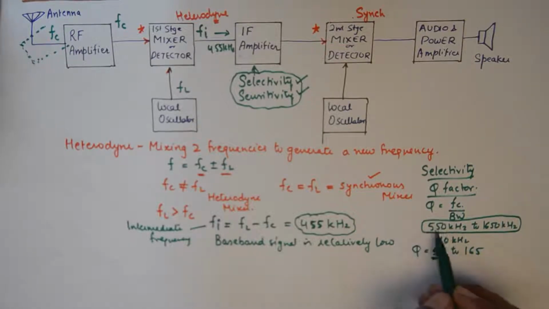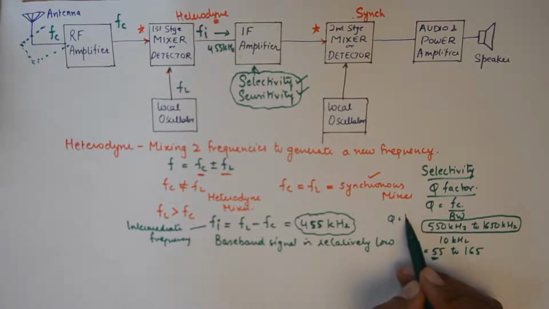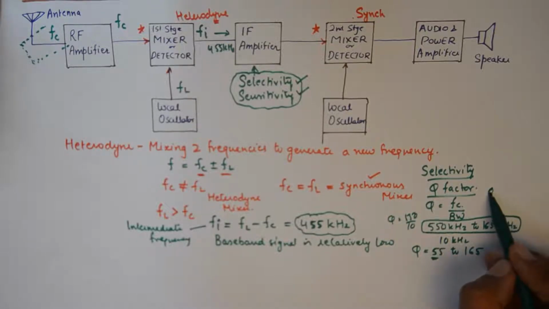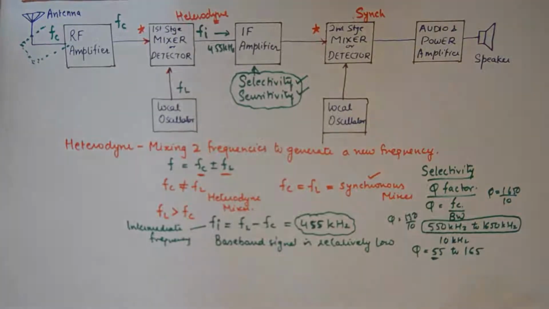Reason being, the Q factor for 550 will become 550 upon 10, and the Q factor for 1650 will become 1650 upon 10. 10 is the bandwidth for the audio signal. So catering to a range of Q factor from 55 to 165 would result in design complexities of the receiver.